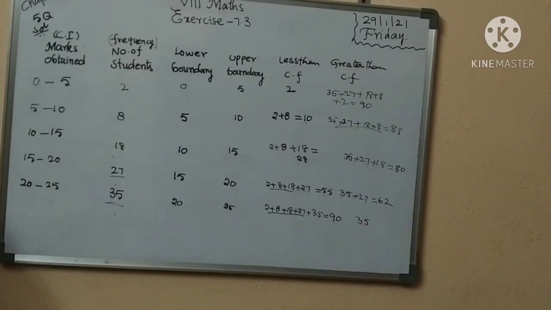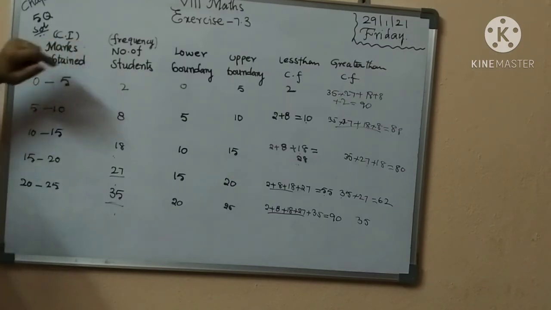Did you understand this table, children? First we take the marks obtained. Less than 5 means we take 0 to 5, less than 10 is 5 to 10, less than 15 means 10 to 15, less than 20 means 15 to 20, and less than 25 means 20 to 25. That is considered the class interval.